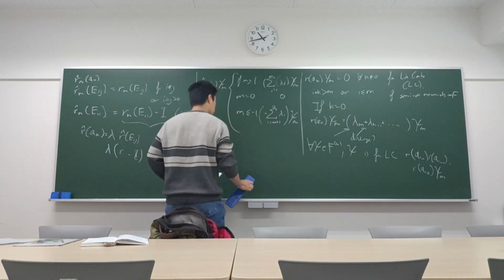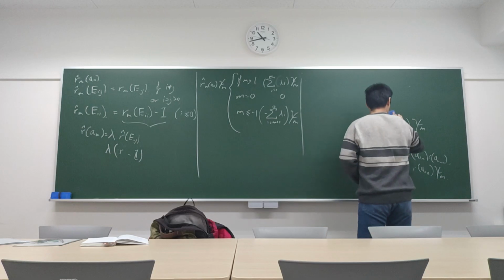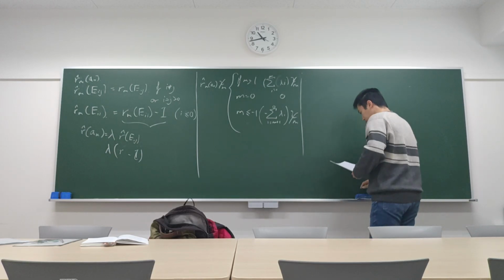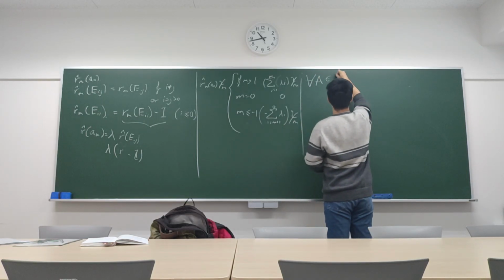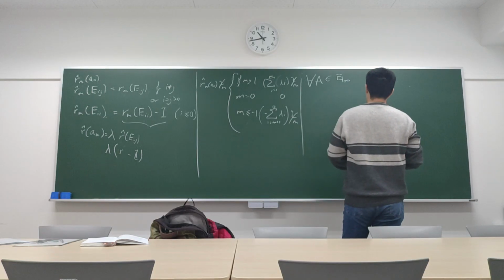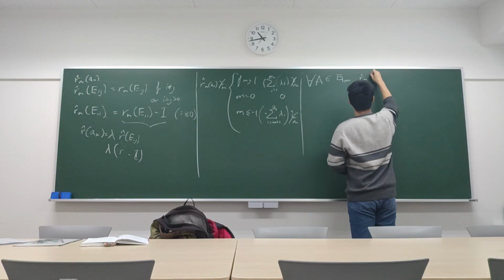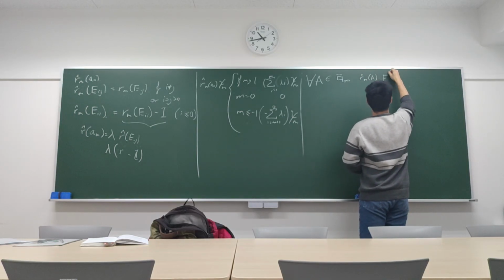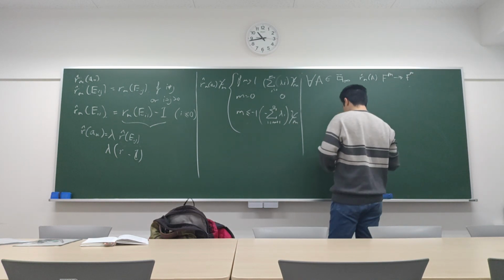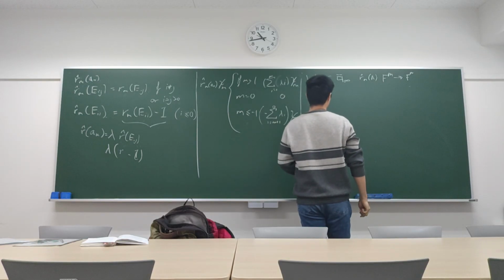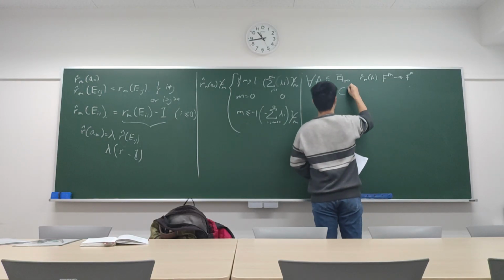Moving on. For all A an element of these finite diagonals, we have that R_M of A maps F_M to F. So this is the modified representation. Now we want to check the commutation relations.